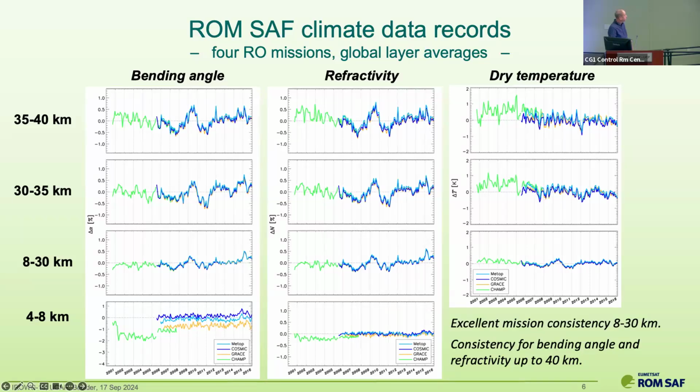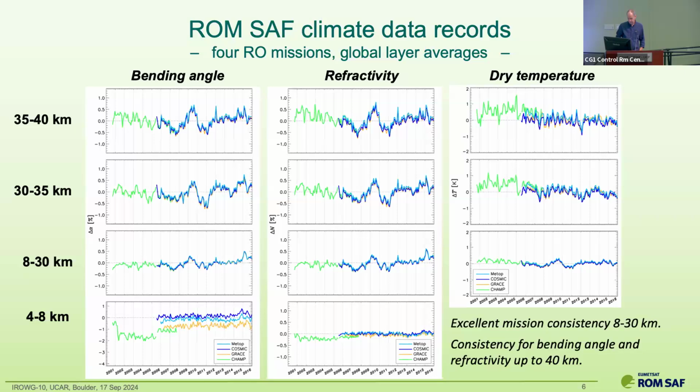If you go from bending angle to reflectivity to dry temperature and separate into different altitudes, we see that low down, between 5, 6, 7, 8 kilometers, there are quite large differences between the missions.